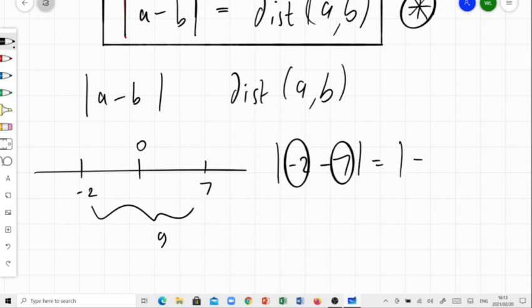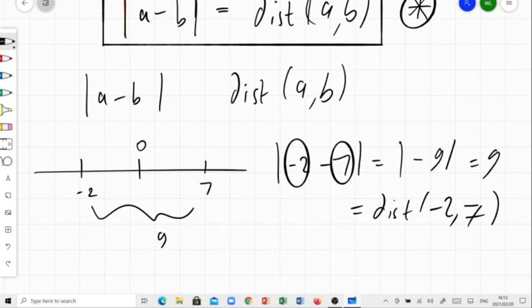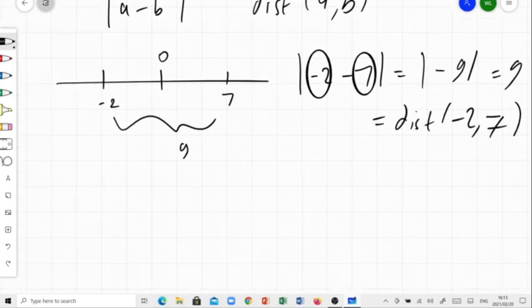That is the absolute value of -2 minus 7, which is -9, and that is 9. And this is the distance between the points -2 and 7 on the real number line. So this is very crucial, and whenever you see the absolute value of a difference, you immediately think distance.